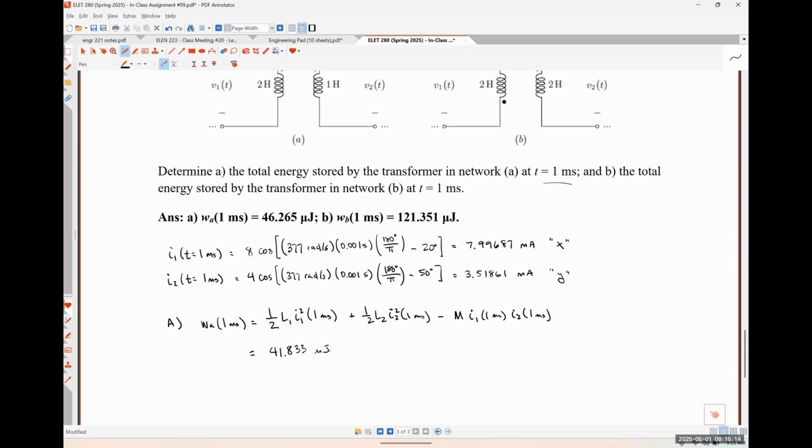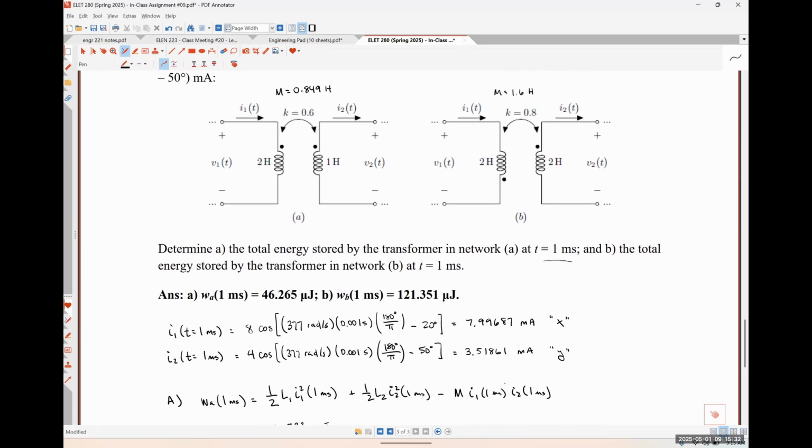But let me just double check some things real quick just to make sure. I feel like I typed something into my calculator wrong, so that's what I want to check. I've got X and Y stored correctly.